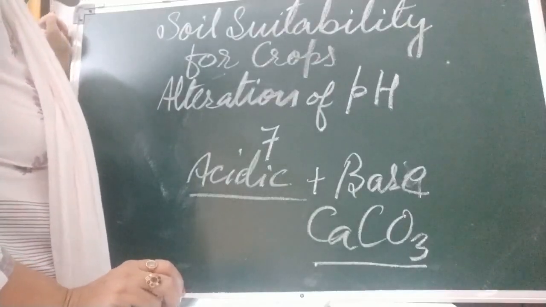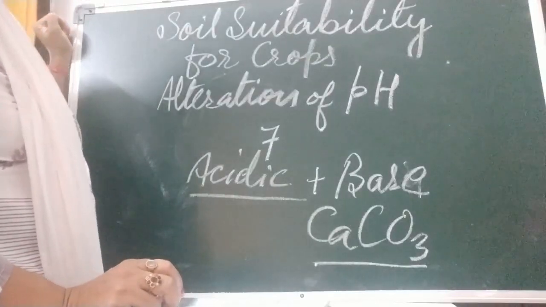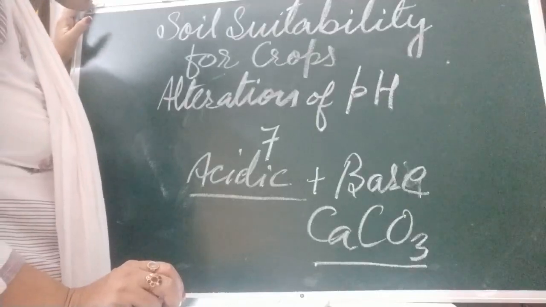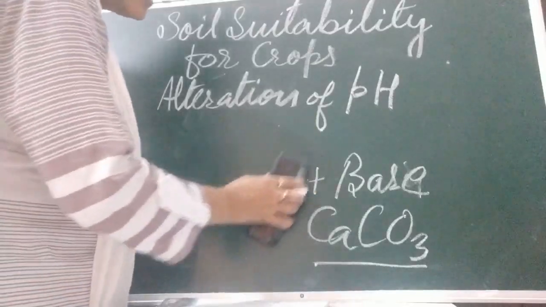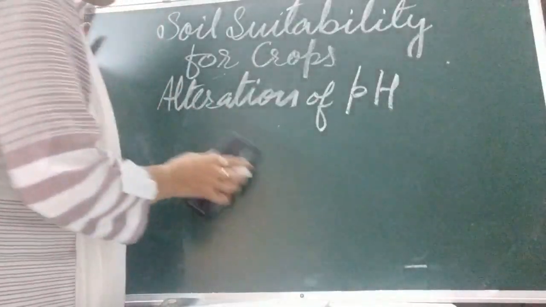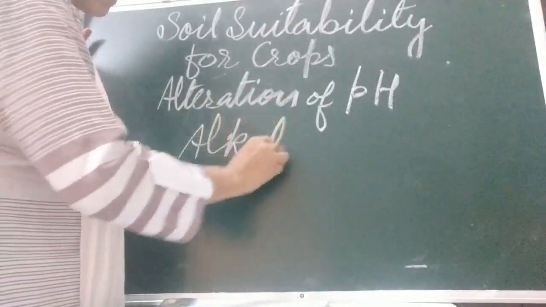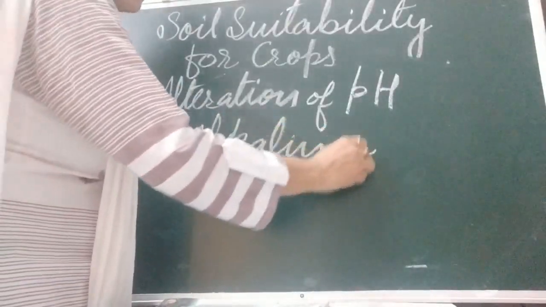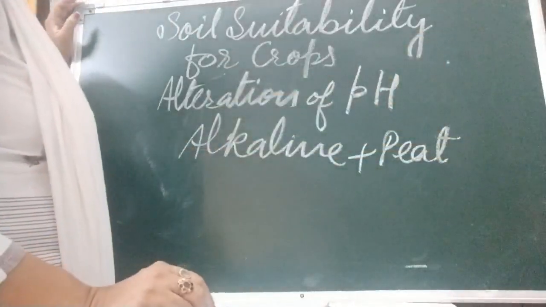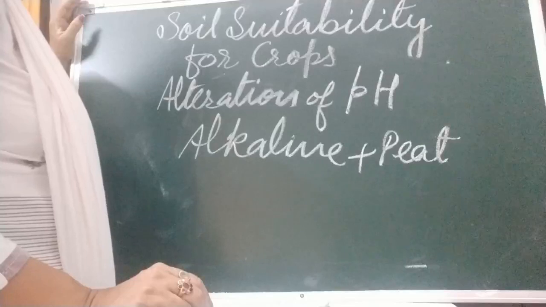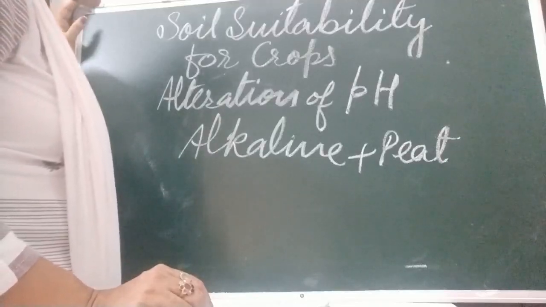Calcium carbonate is added to acidic soil to raise the pH or make it more alkaline. Peat is added to alkaline soil. Suppose the soil is alkaline or more basic in nature, what will we add? Peat. What is the nature of peat? Acidic in nature. Peat is added to alkaline soil to lower the pH and make it a little acidic.